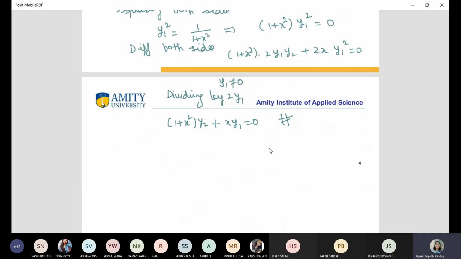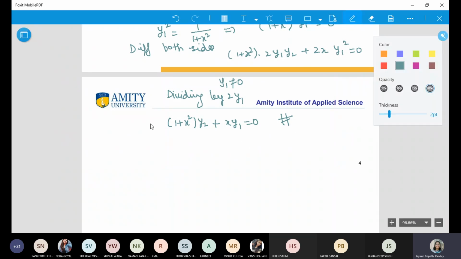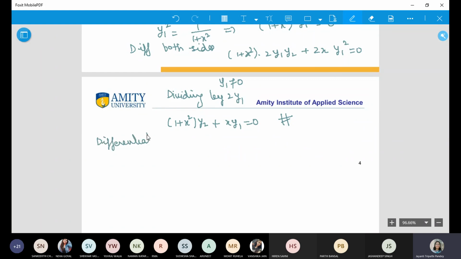Now whenever we have to prove the nth part of the question, once we are able to establish a connection between y, y1, y2, then we differentiate it n times using Leibniz. So differentiating, I'm writing it.